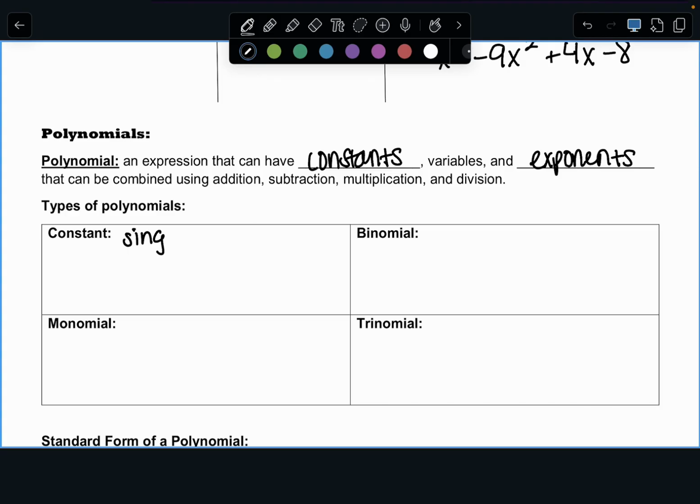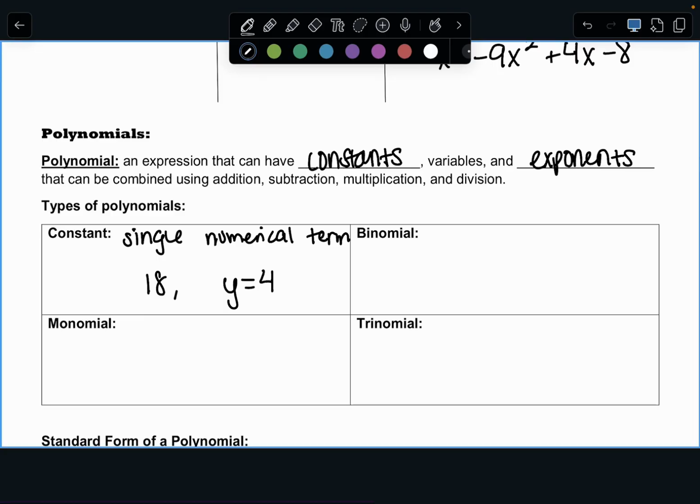So your constant term is a single numerical value or term. So that's a number, could be a variable equal to a number, something like that. Constant term. We call it a constant because it stays at the same value no matter what our variable is. Doesn't change.